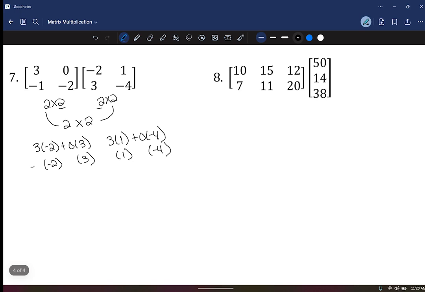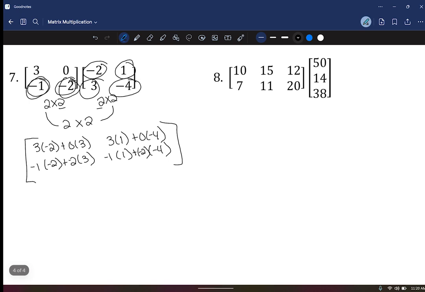So I have negative 1 and negative 2, negative 1, and negative 2. But if you want to just say negative 1 times negative 2, negative 2 times 3, you get the same thing. So if it confuses you to do that, then just go on about your day doing it the normal way.